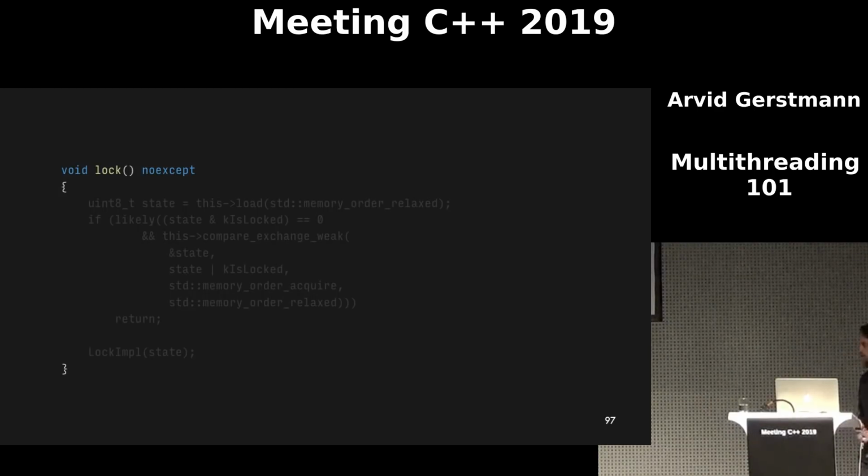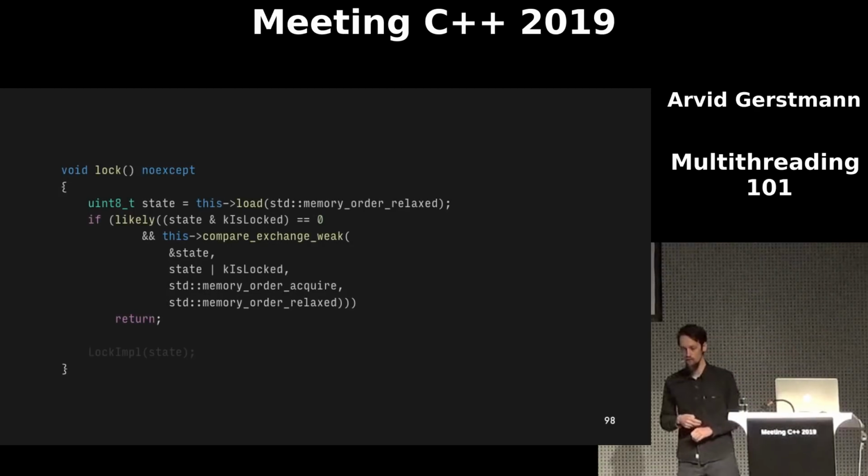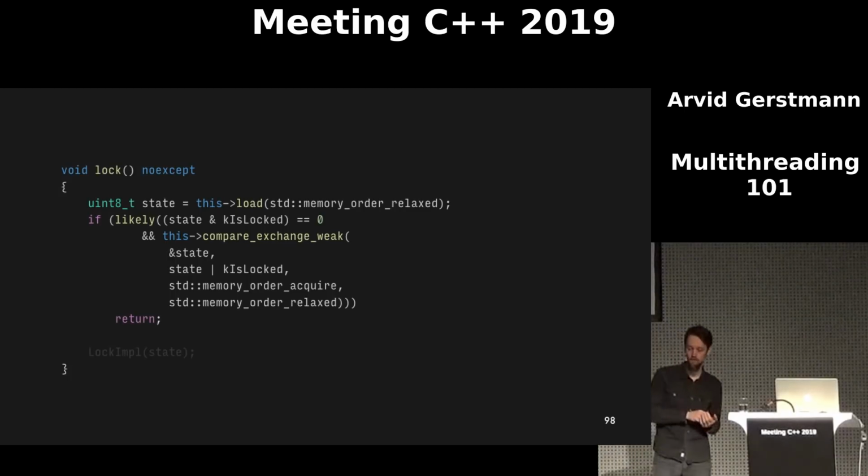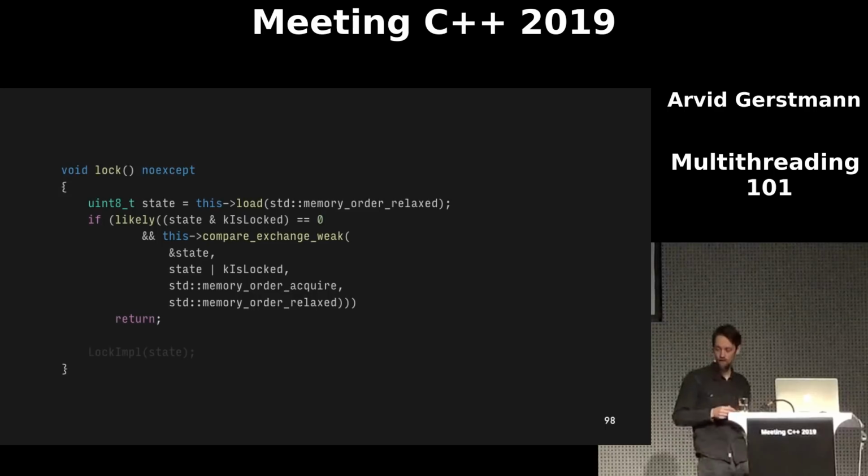As mentioned, we will use parts of our spin lock to speed up the uncontended path. So here we are in a CAS loop, a compare exchange, which will load the current state of the atomic. Then it will check whether the lock is currently locked. If it is not currently locked, it will try to set it to be locked, and if this is successful, we will just return.